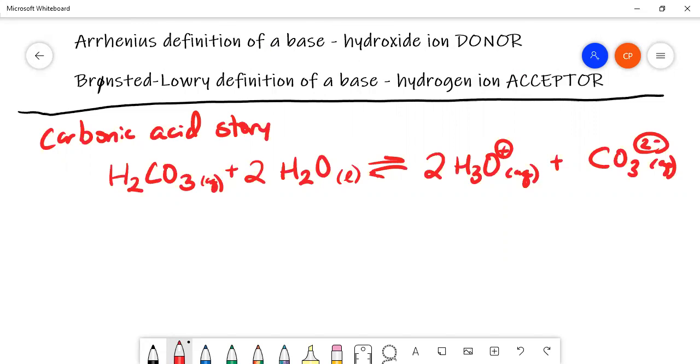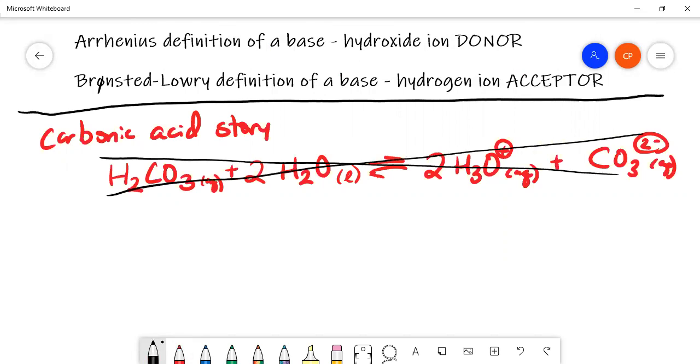Okay? Everybody got this down? Then do me one more favor. Draw an X through that and make sure you never write anything like that again. The reason I want an X through this is because it represents all of the breakup of hydrogen ions off of carbonic acid happening at once.